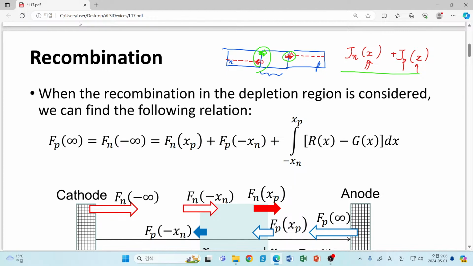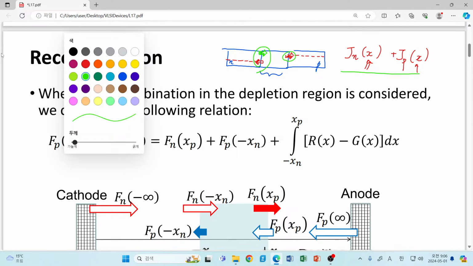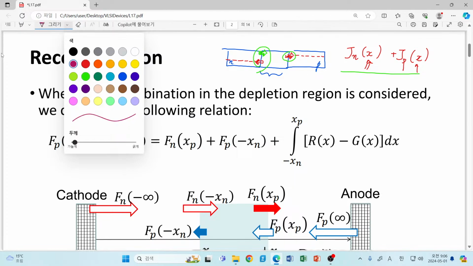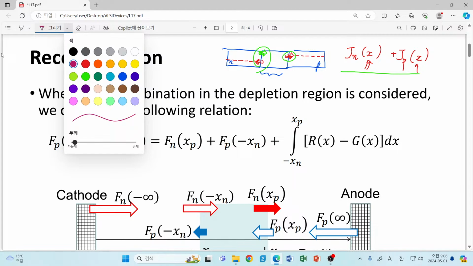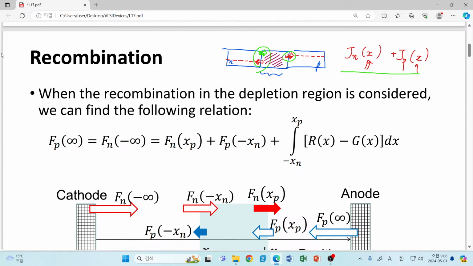Last time we had an online office hour, and a student asked me whether net generation or net recombination is occurring in this space charge region.